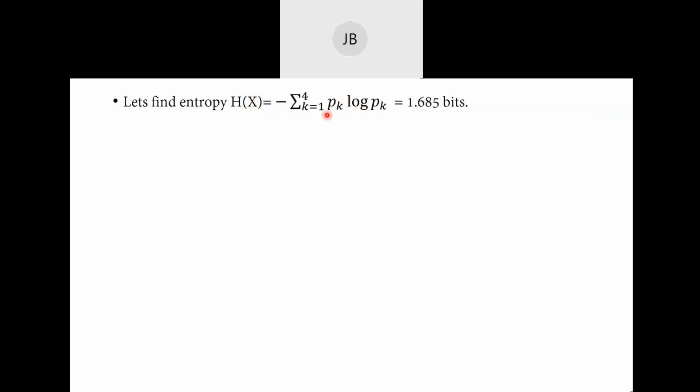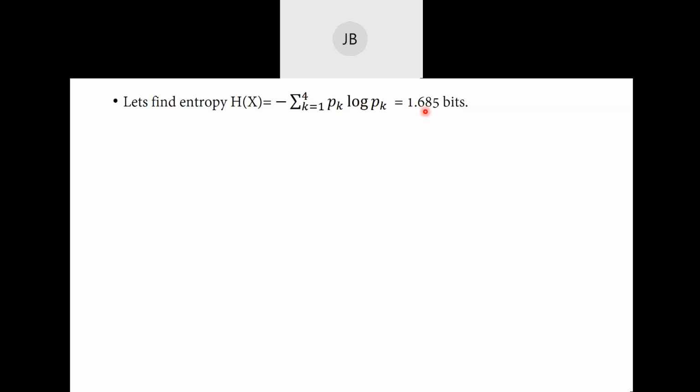We have four symbols with different probabilities: 0.5, 0.3, 0.1, and so on. When we substitute those values into this equation and do the computation for all four symbols, you should get a value around 1.685 bits.